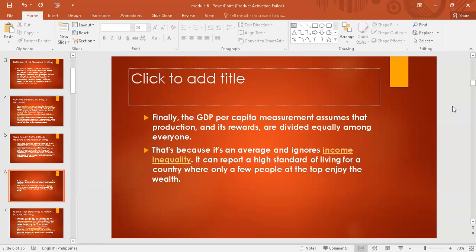Halimbawa, yung mga online sellers na hindi nagpo-produce ng mga resibo, hindi nag-file ng income tax, hindi na i-report ng tama ang kanilang sales and whatsoever. So, it can report a high standard of living for a country where only few people at the top enjoy the wealth. So, pangatlong flaw ng measurement ng standard of living through GDP ay ito nga naman, income inequality.